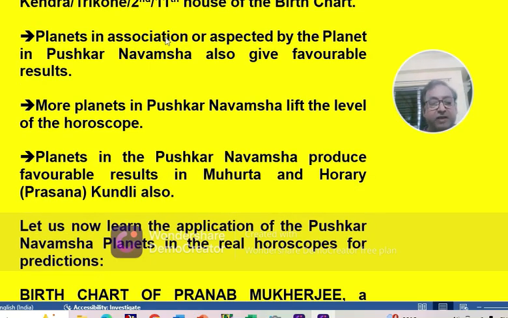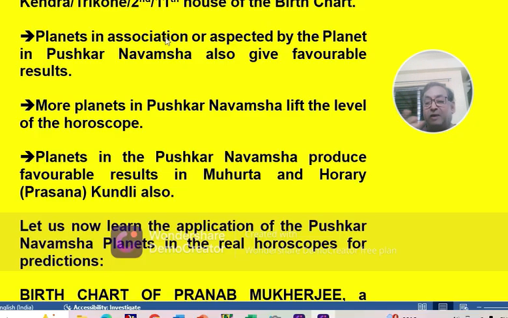More planets in Pushkar Navamsha raise the level of the horoscope. If there is one planet in the Pushkar Navamsha, then the level would be lower in your horoscope. If there are two planets, three planets, or four planets in the Pushkar Navamsha, it will uplift your horoscope and you will become successful in life.